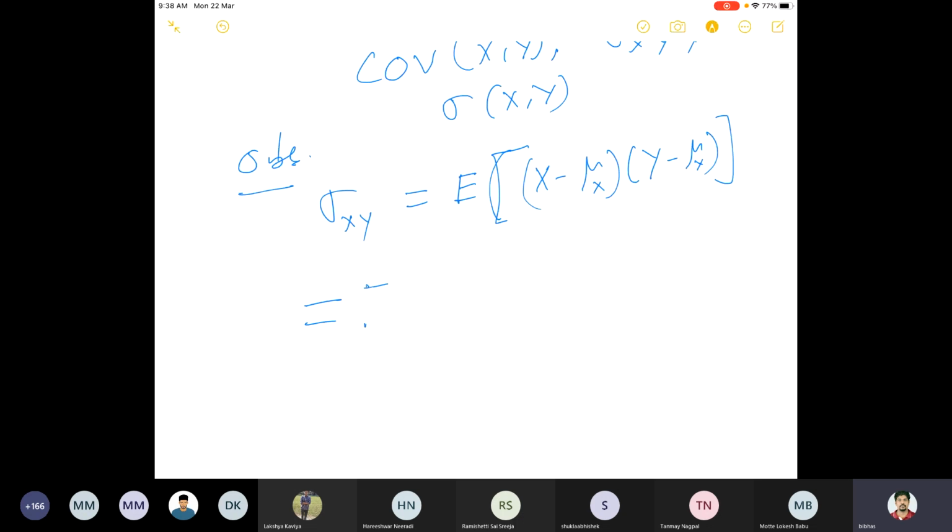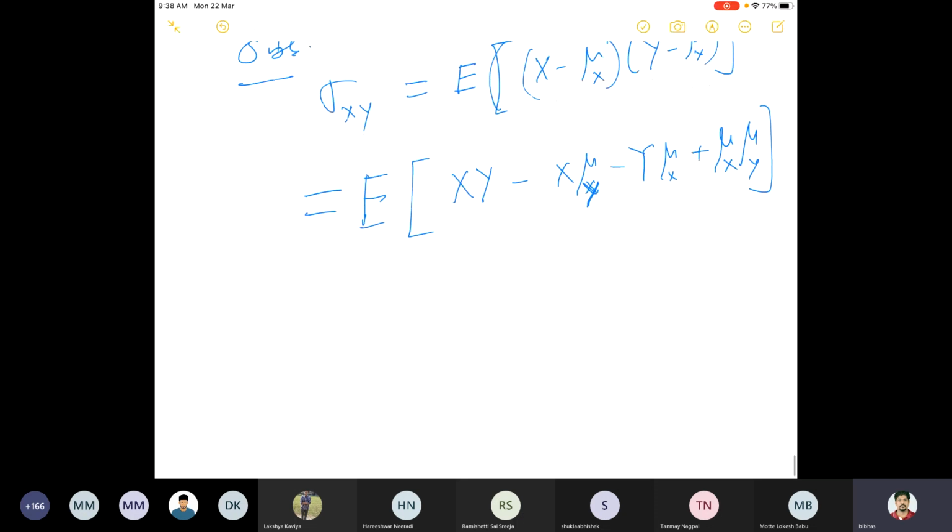Then this is the expected value of the product, which is xy minus x mu y, then minus y mu x, and then plus mu x times mu y. Now expectation is linear, as we discussed before.